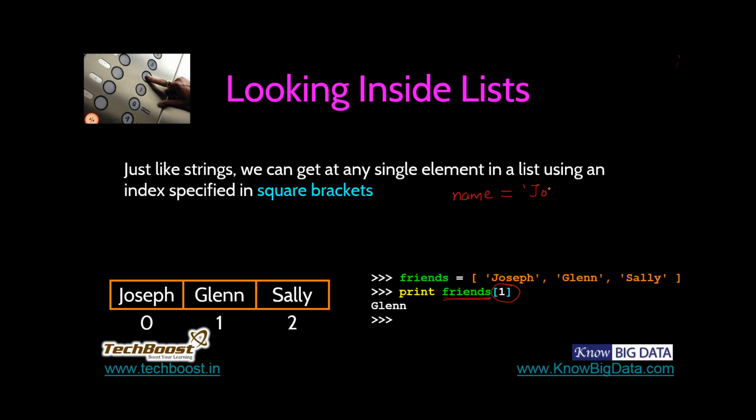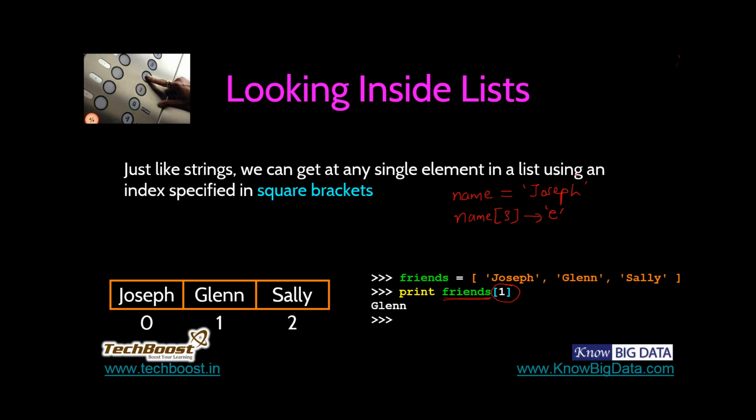So if I have the name Joseph and I want to access a particular character in this string, I would say name of the index which I want. So index number say 3, and this gives me the character E, isn't it?